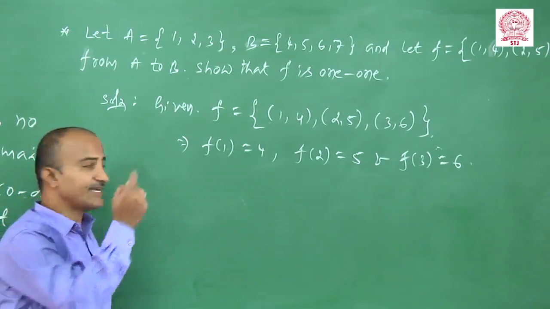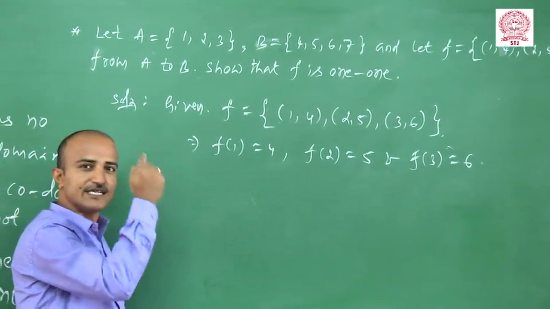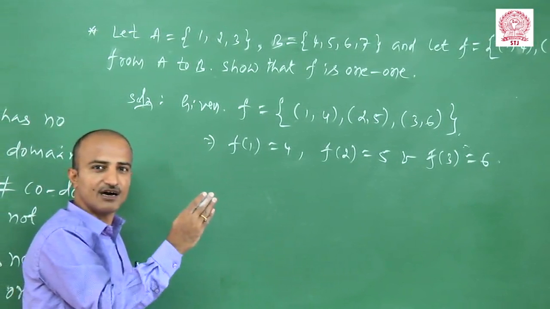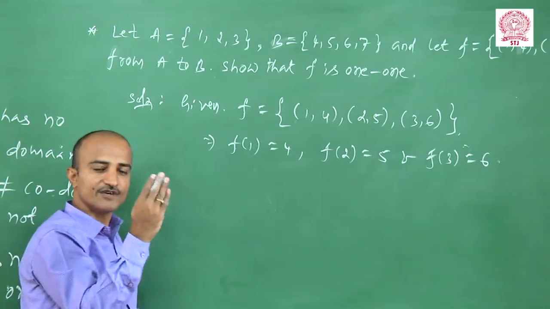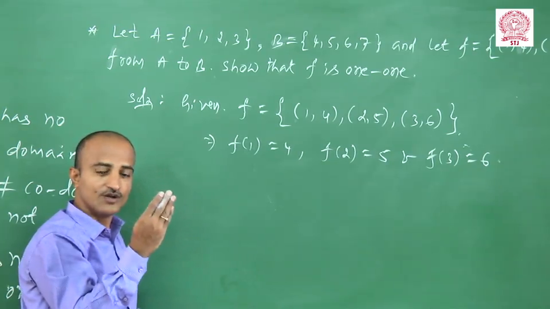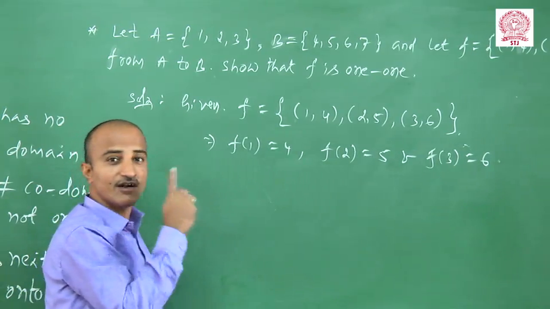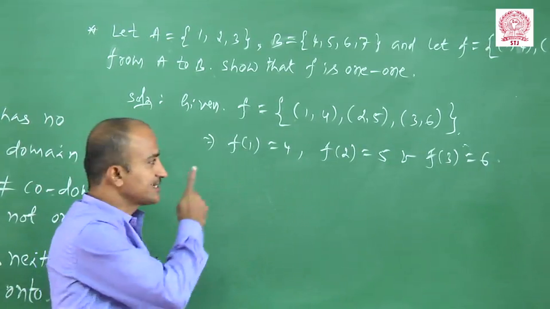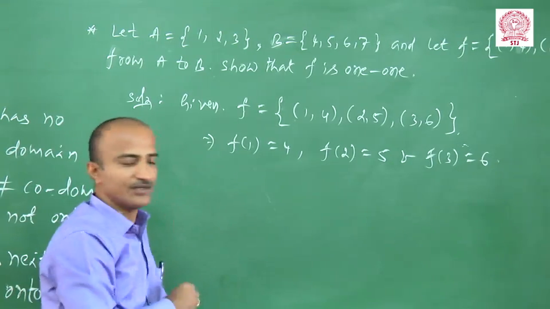Since distinct elements of domain are having distinct images in codomain, clearly it is satisfying the conditions of f of x1 equals f of x2 implies x1 equals x2, or x1 not equal to x2 implies f of x1 not equal to f of x2. Hence the function is 1 to 1.